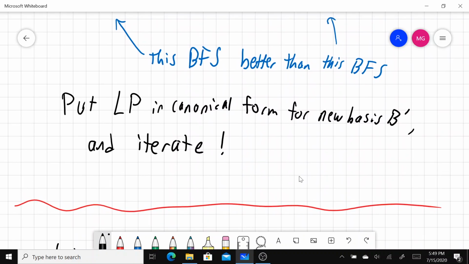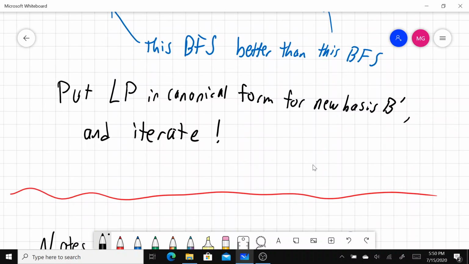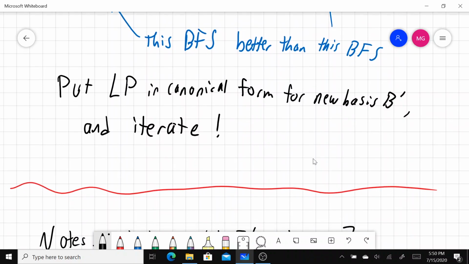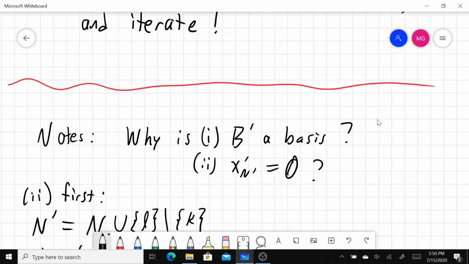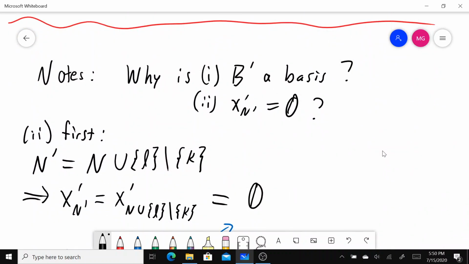If you want to pause your video and appreciate just how neat that algorithm is, and how cleanly that all works, it's kind of mysterious why it's so clean, but it is, and it all goes really smoothly. It's a really cool algorithm. But anyways, obviously I'm not going to pause here in the video, so you can do that on your own if you want, but let's just keep going here.